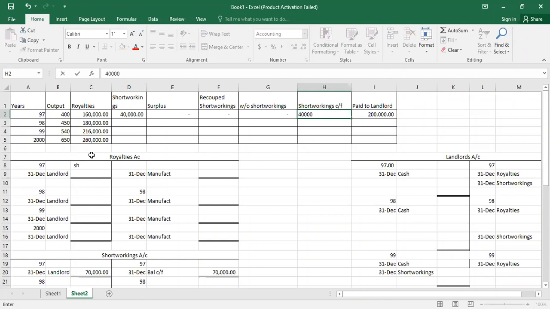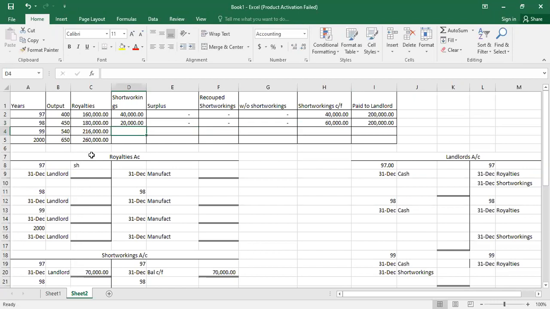Yes, the 40,000. We go on. What are we paying? Our minimum rent is still 200,000. So we have a short working of 20,000. It's floating. So this one will give us 60.